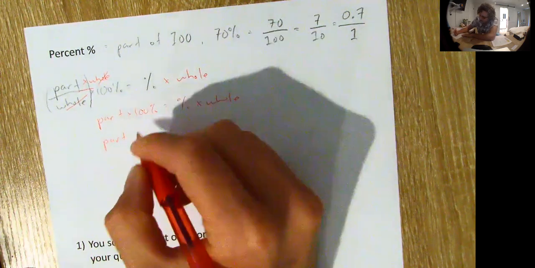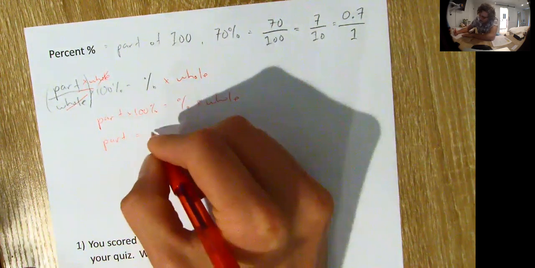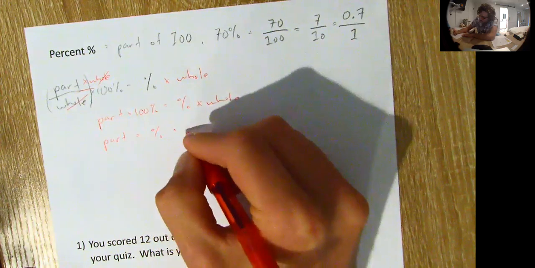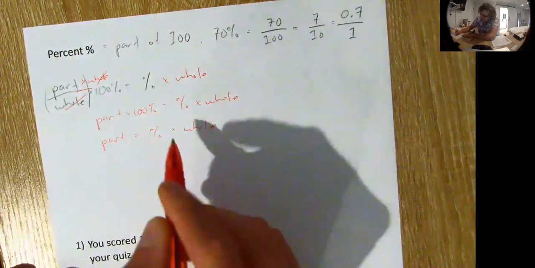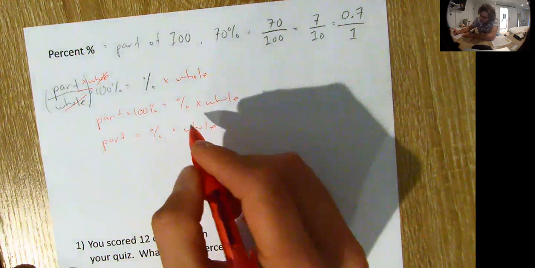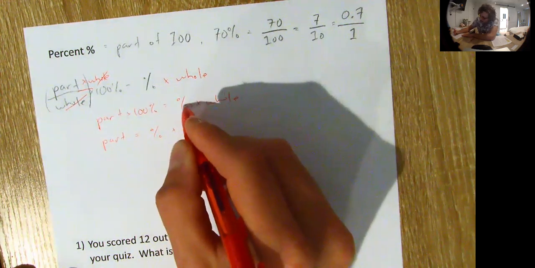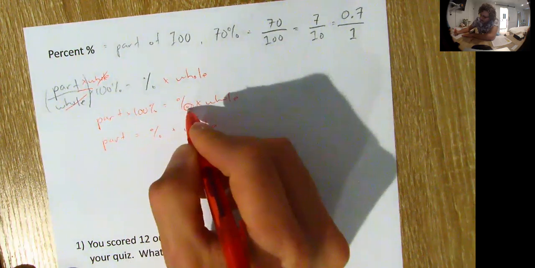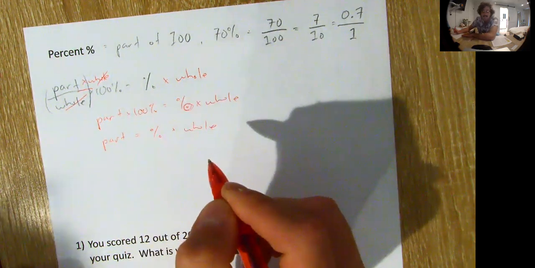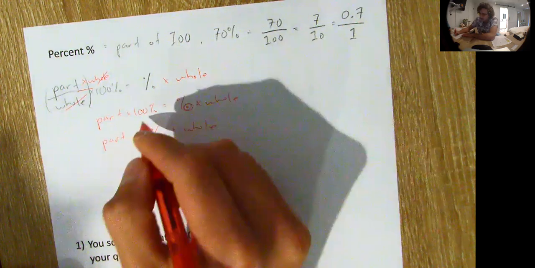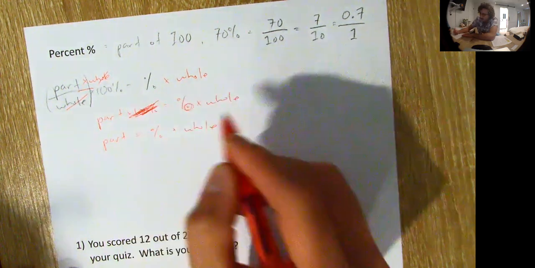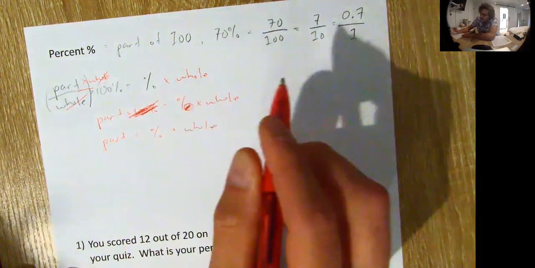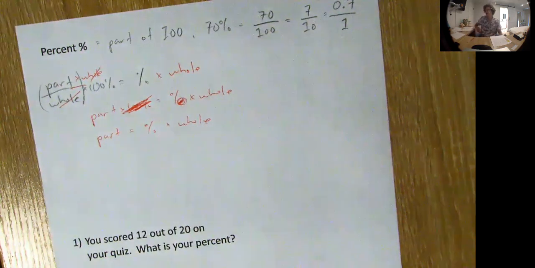The part equals percentage times whole. Well, why did I get rid of the 100? Because the bottom part of the percent sign is the 100. So we're dividing by 100 and multiplying by 100 on both sides of the equation, meaning they cancel each other out. So we're canceling that out, and we're canceling that out.